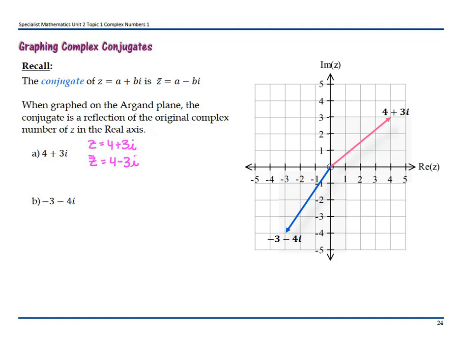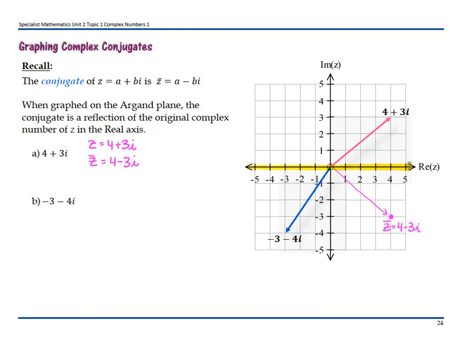So when we go to our Argand diagram, you can see that that's down there. So this is z bar equals 4 minus 3i, and you can see that that is a reflection in our real axis.